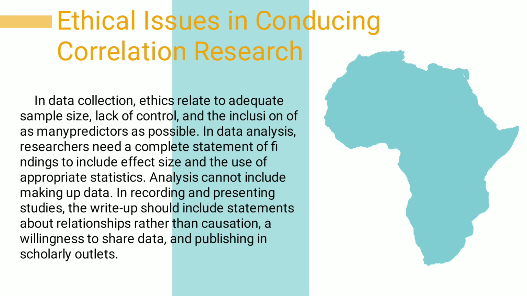Analysis cannot include making up data. In recording and presenting studies, the write-up should include statements about relationship rather than causation, a willingness to share data, and publishing in scholarly outlets.